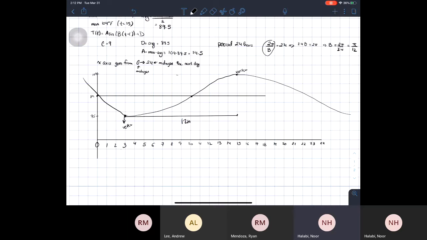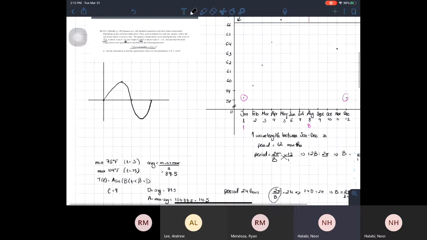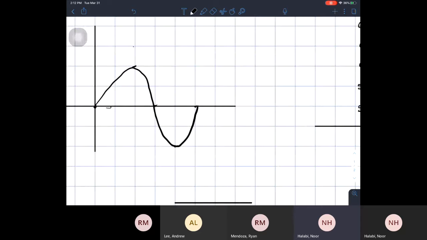Between the vertices there are 12 hours that have passed. So I know that it's going to hit a 0 between those two, because it's almost exactly at a midpoint. Between here and here, I have 2 units. So I have an x-intercept between the two, 1 unit apart from each vertex.